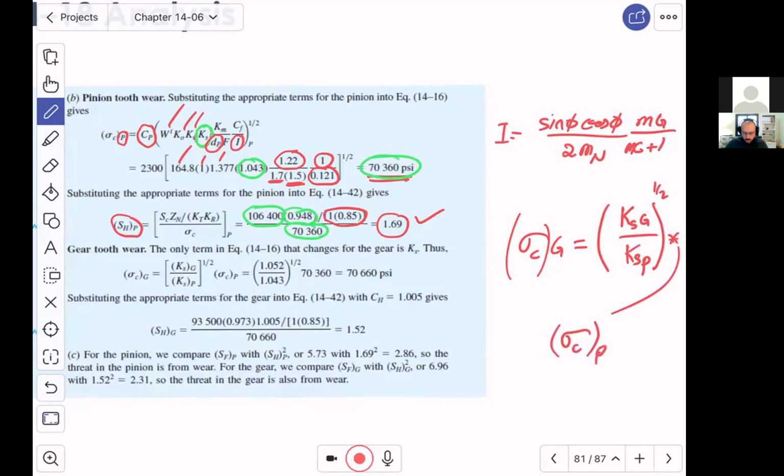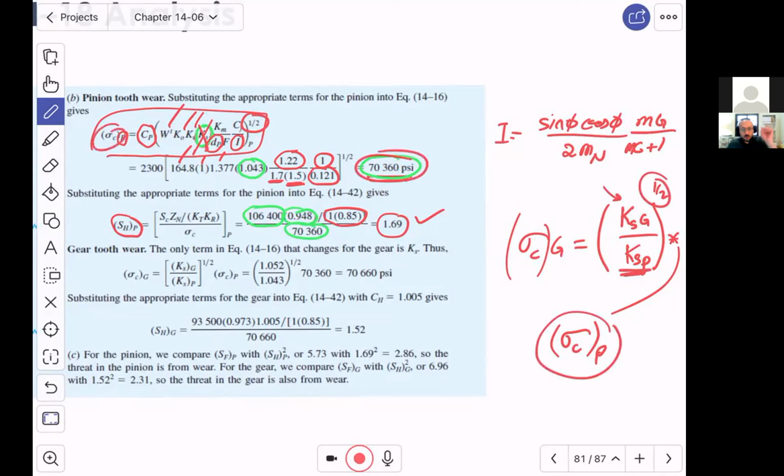We are doing the same here, but in order to cancel KS for the pinion, we divide by KS for the pinion, and we multiply by KS for the gear. But don't forget that this is under the square root. If you do this and multiply it by sigma C for the pinion, you will find it for the gear. You understand? That's basically what we did.